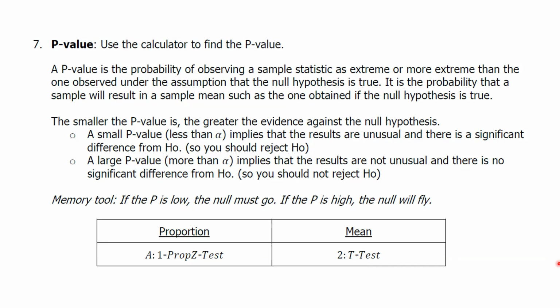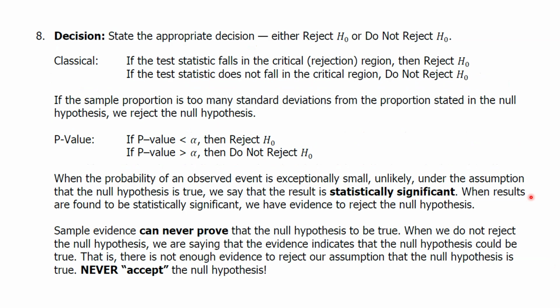Okay. All right. And step 8 is our decision. So we will state the appropriate decision, whether to reject the null or not reject the null. For the classical method, we would be looking at the test statistic and comparing it to the critical region or rejection region. If the test statistic falls into the critical or rejection region, then we reject the null.